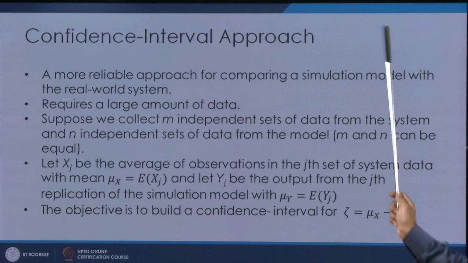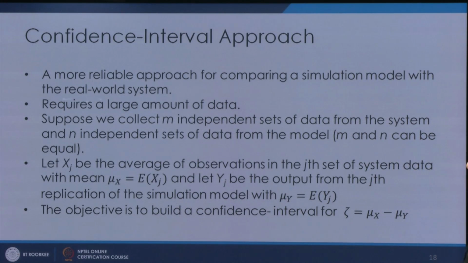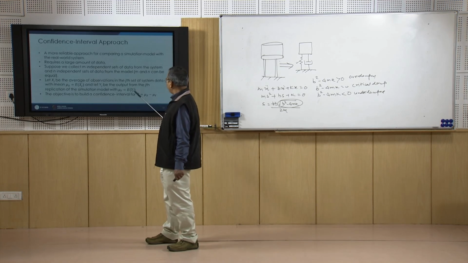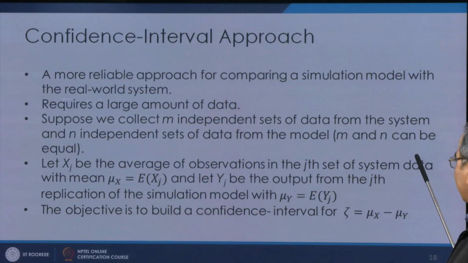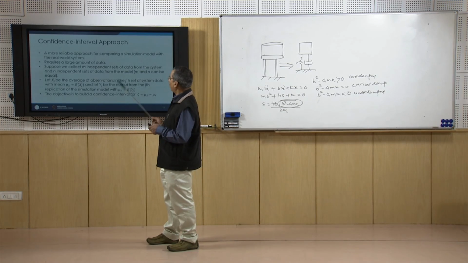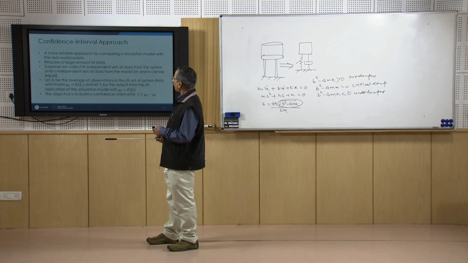Basically we try to find the difference between the means of the system data and that of the model output data, and this is what is called the confidence interval approach.